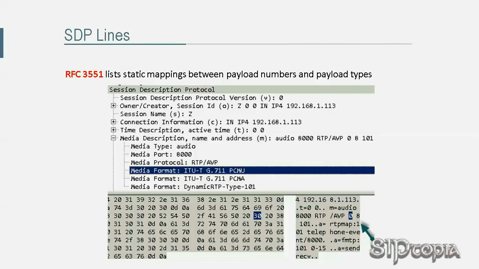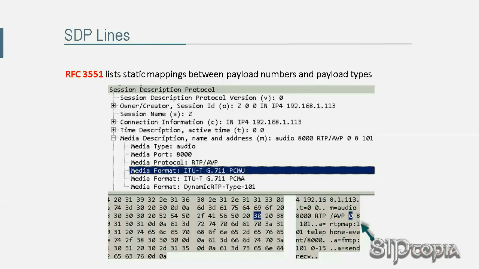The decoded raw data only has payload type number 0, and that's it. The rest is added by Wireshark to make it easier for human readers to understand the payload type number to payload type format mapping. Well, if there is a static mapping of payload type numbers to payload type formats, there must be a dynamic mapping as well.